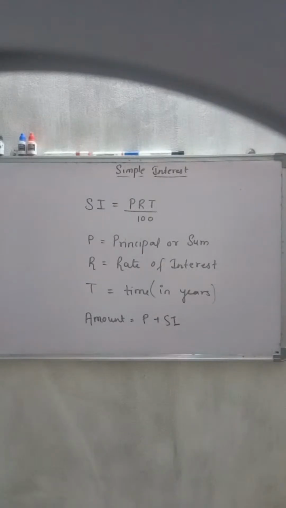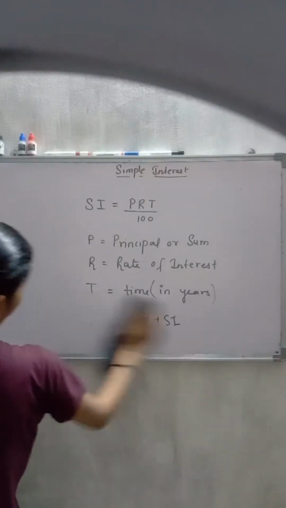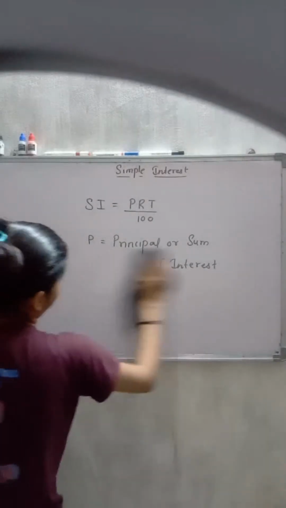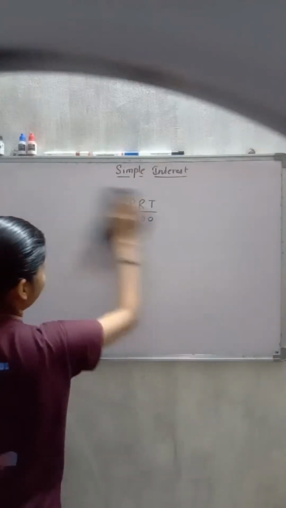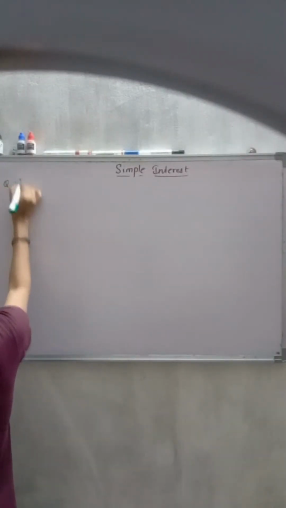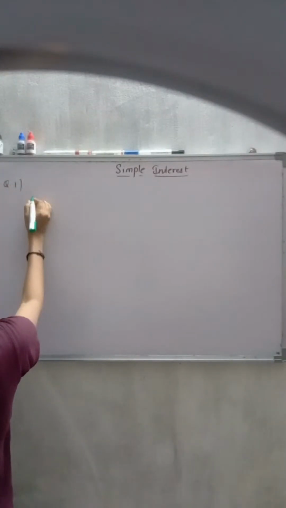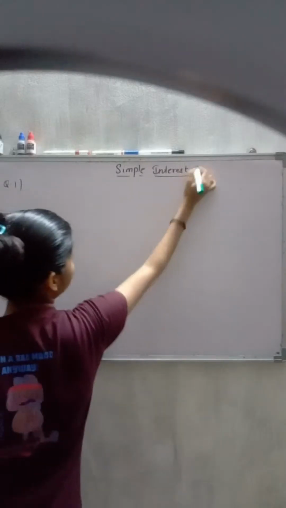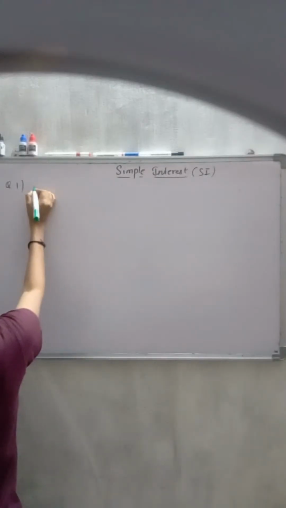So question number 1 is find the simple interest. I will use SI to denote simple interest.